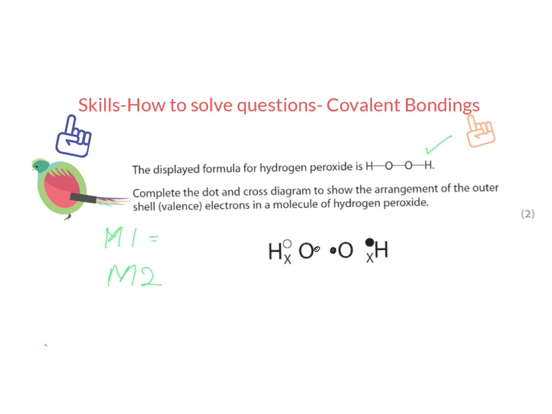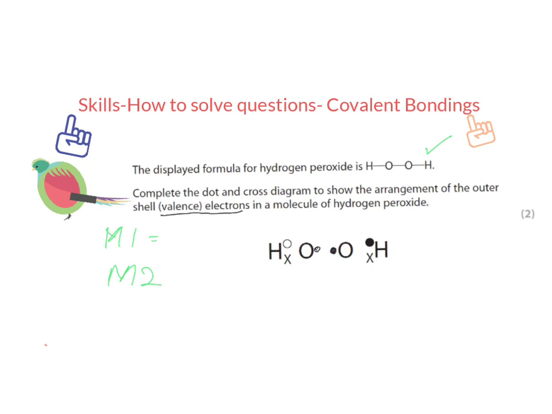We know that oxygen is in group 6 of the periodic table, which means it has 6 electrons in the valence shell, that is the outermost shell, and we have to show the electrons in the outermost shell. So each oxygen has 6 electrons in the outermost shell. For this oxygen I can see the first electron and then the second one.